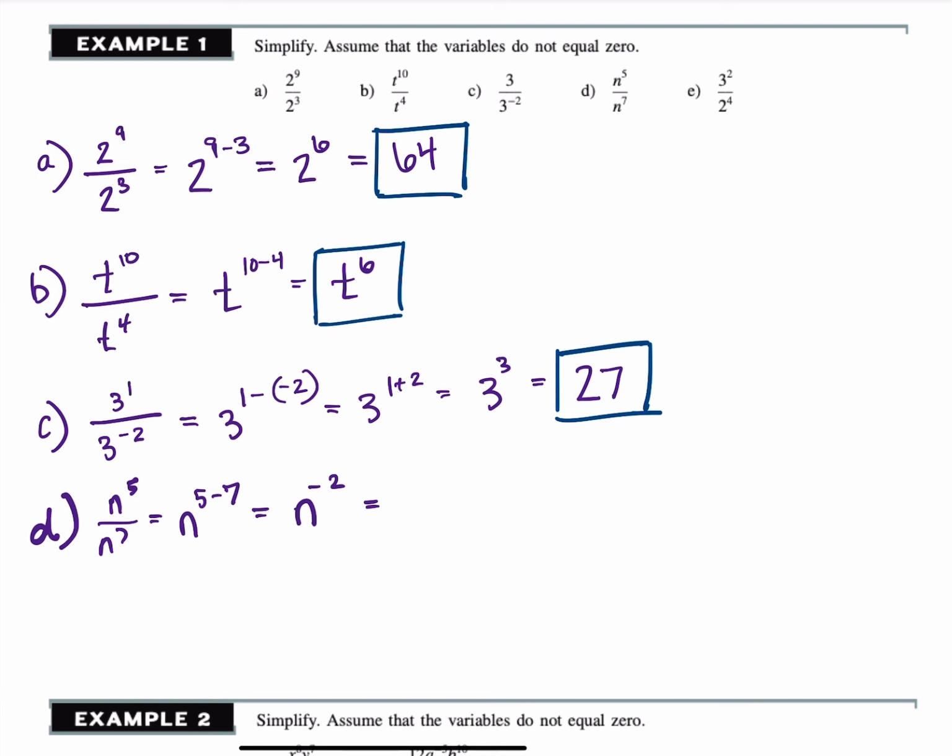So we can rewrite this as 1 over n squared. The negative power will put it in the denominator with a positive exponent. Or we could say these 5 n's will cancel with 5 n's in the denominator, and there will just be 2 left. There'll be none left in the numerator, so we end up with that 1. And then we have 2 left in the denominator.